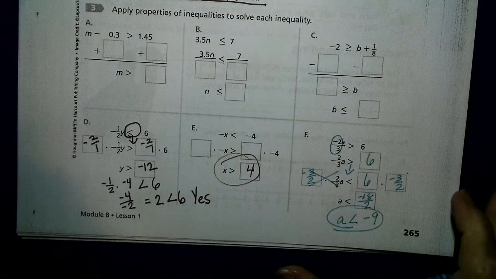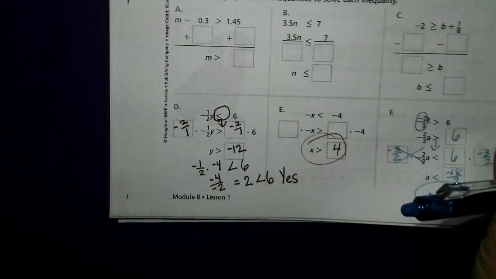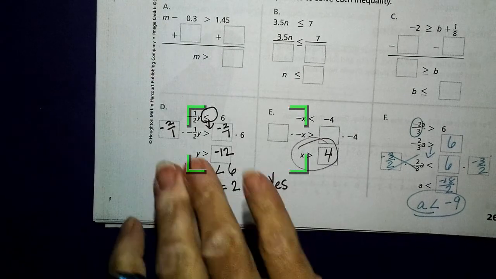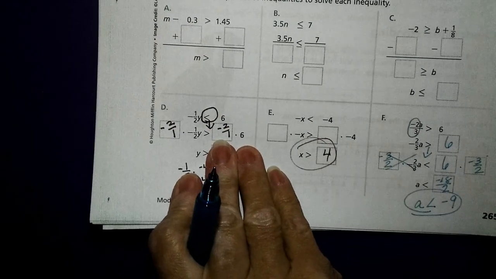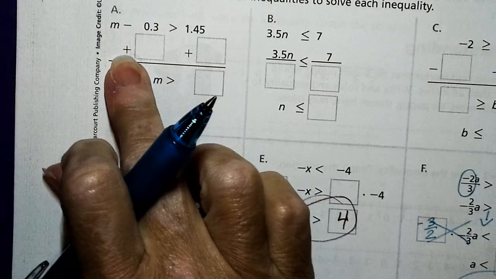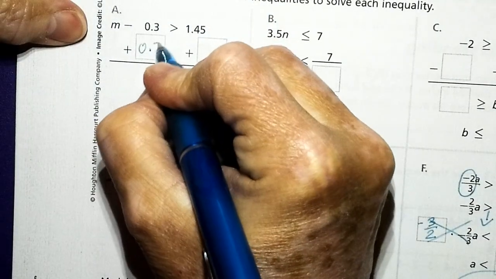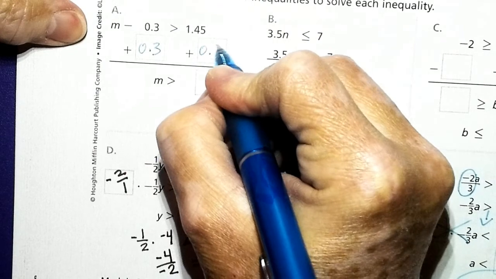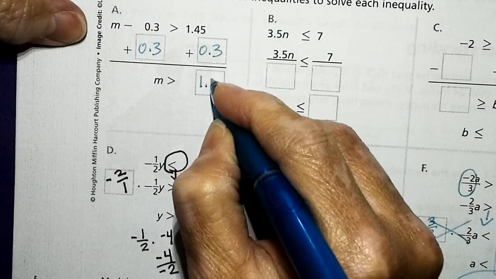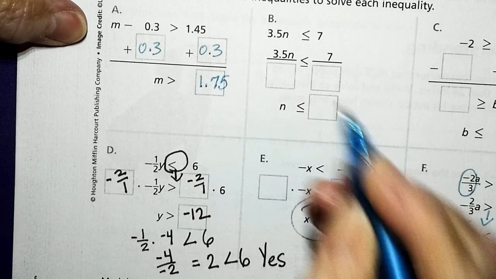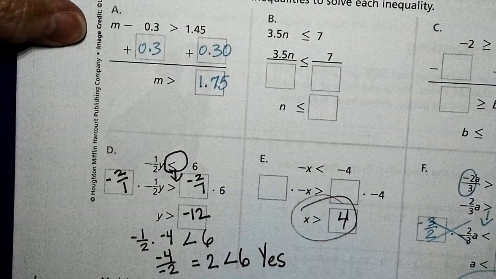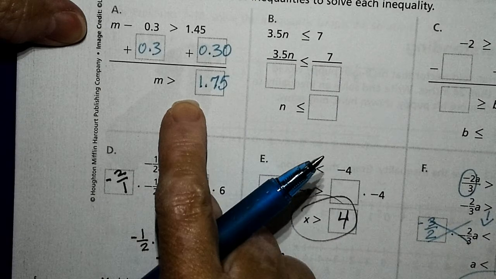All right, so let's go back up to the ones that we didn't do. So we're going to use the addition property of equality to add the opposite. So we're going to add 3/10, add 3/10. So this would give me 1 and 75/100, because remember, really this is 30/100. So we're going to add that.